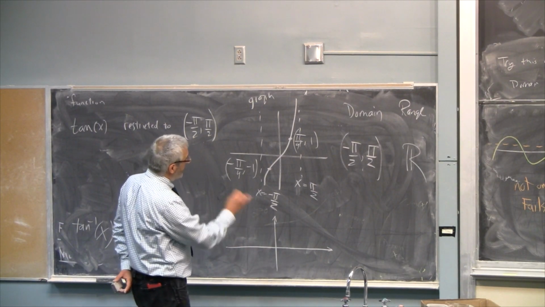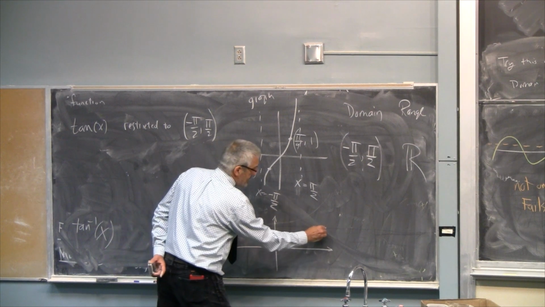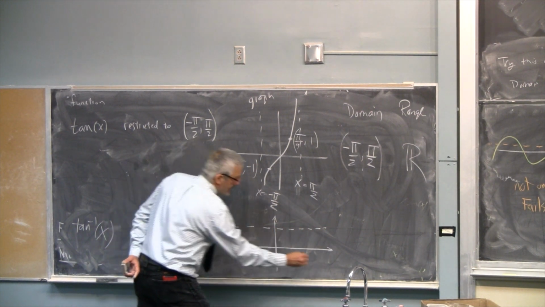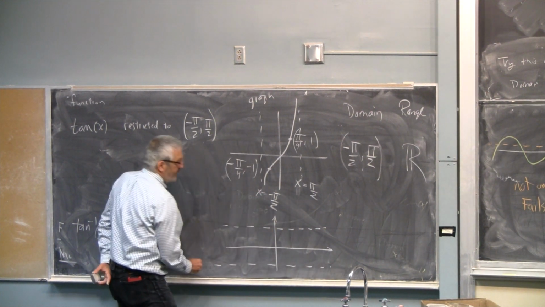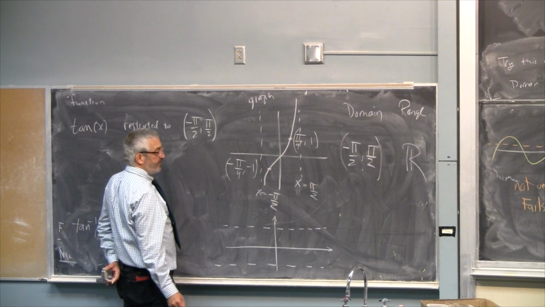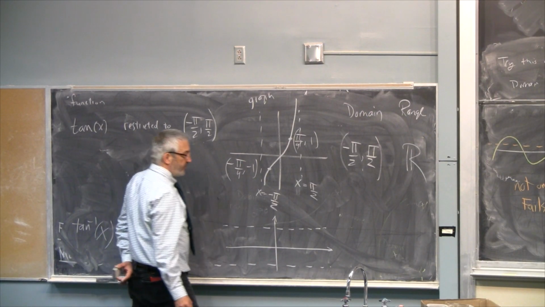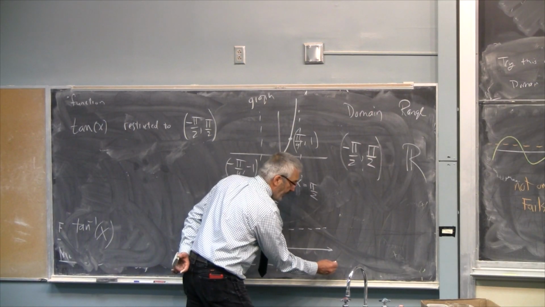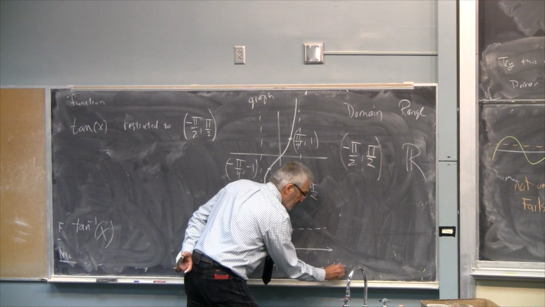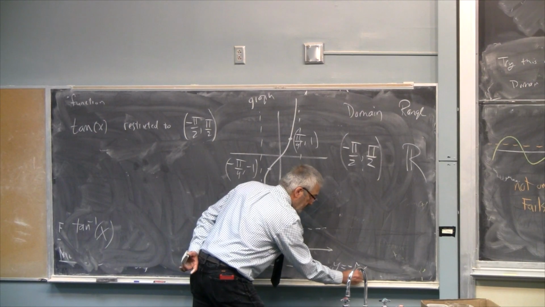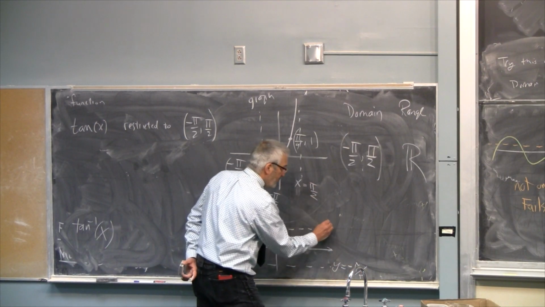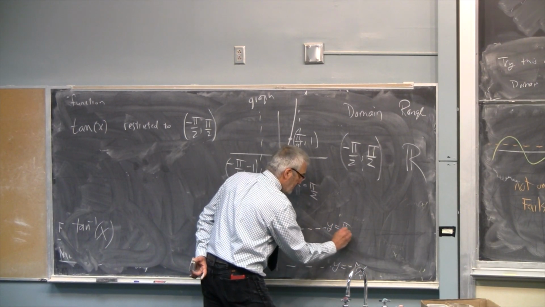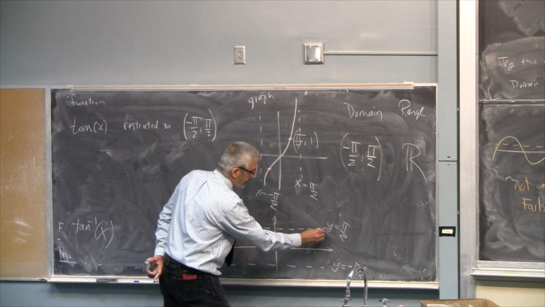So all this stuff gets interchanged. The asymptotes, instead of x equals minus pi over 2 and x equals pi over 2, become y equals minus pi over 2 and y equals pi over 2. And the graph looks like this.